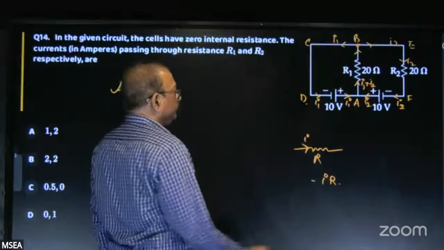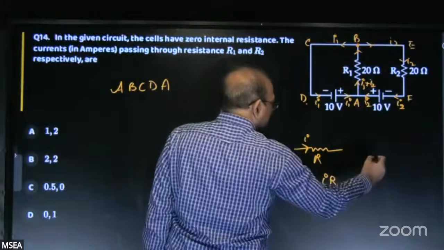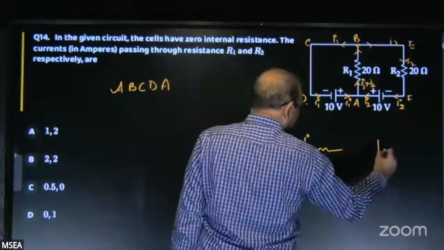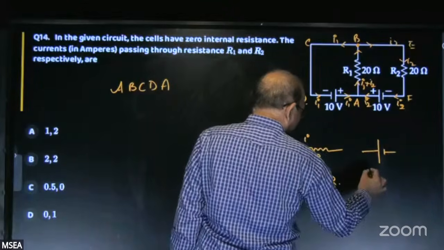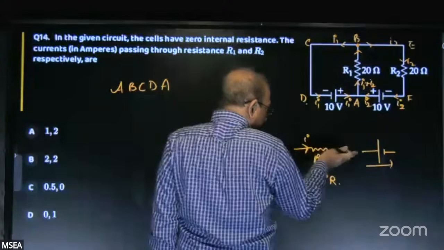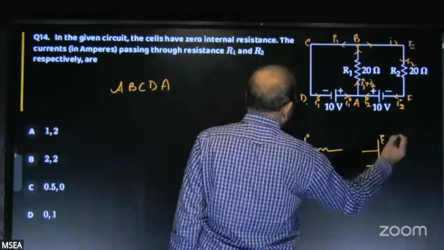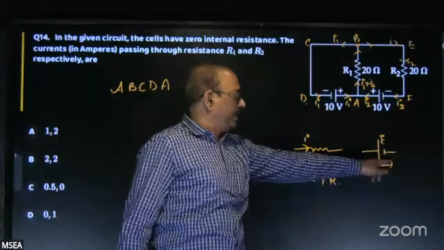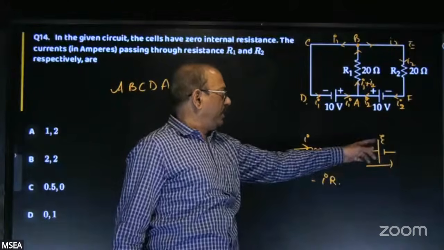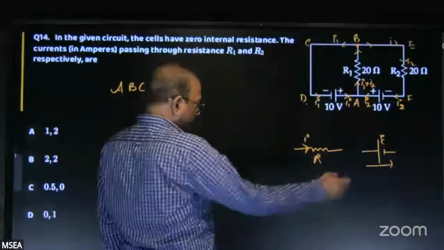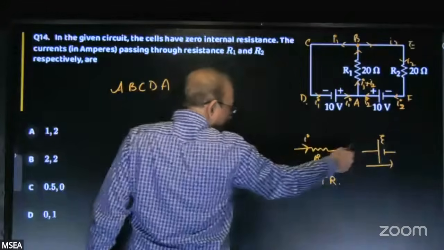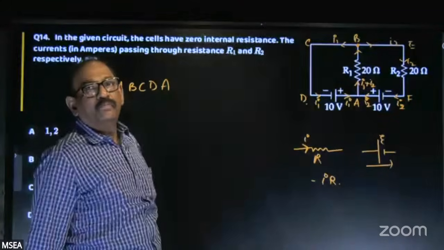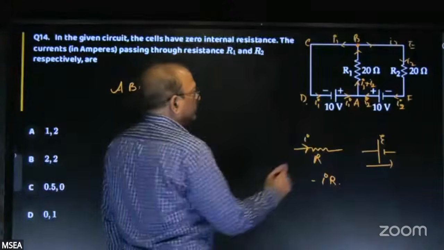Whereas for the EMF of a cell, if you are going from positive to negative terminal of the cell, its EMF must be written with negative sign. If you come from negative to positive terminal side of the cell, take its EMF with positive sign. So I'm applying this.